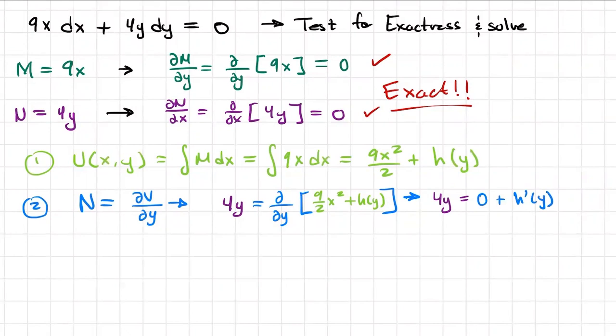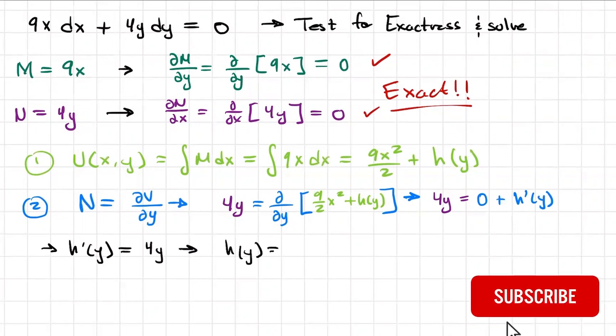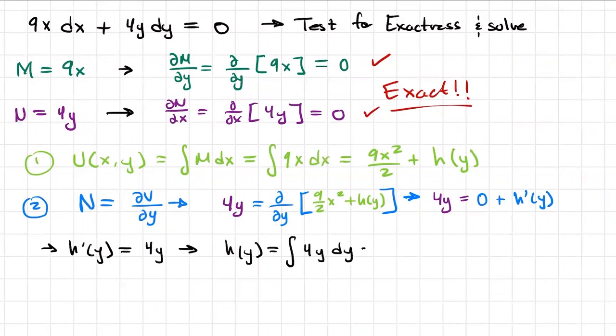So from here, we get that h prime of y is equal to 4y, and then h of y will be equal to the integral of 4y dy, which will be 4y squared over 2, or just 2y squared, right? So we know already what h of y is.